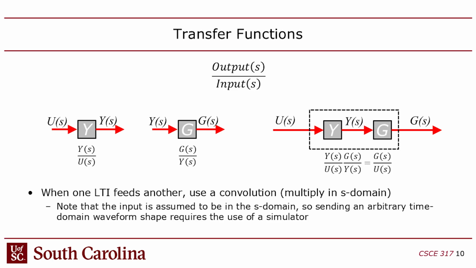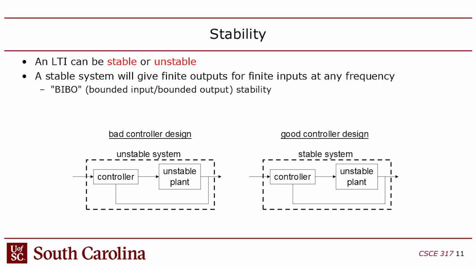And when I say multiply, I mean literally just multiply the two expressions. That's sometimes called a convolution when it's done in the S domain, but really you're just multiplying these two to get a mashed together transfer function.